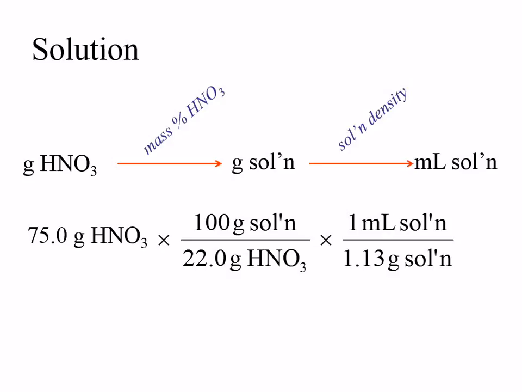So 1 milliliter over 1.13 grams of solution. So again, that came from weight percent, and that was weight percent, and that was density. And grams of HNO3 cancel, grams of solution cancel, we're left with milliliters of solution, which is exactly what we wanted.